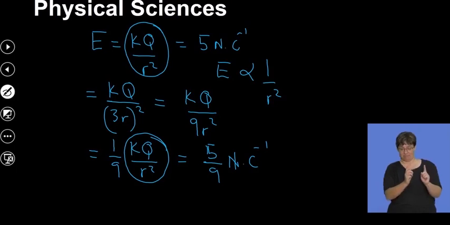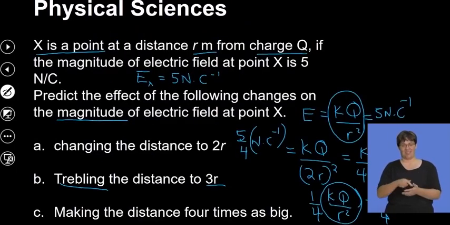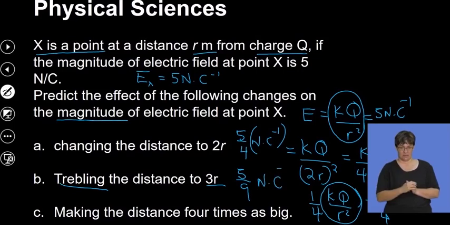If we go back to that question and ask what the magnitude is, it's 5 over 9 newtons per coulomb. That's the magnitude; we didn't say anything with respect to the direction. What about if we make the distance 4 times as big? We need not go back to the simulation now, because we've picked up the pattern.